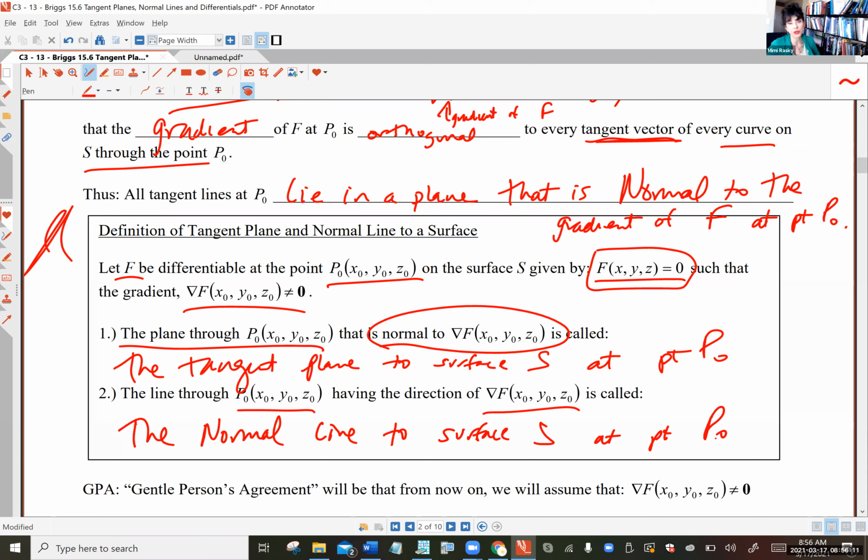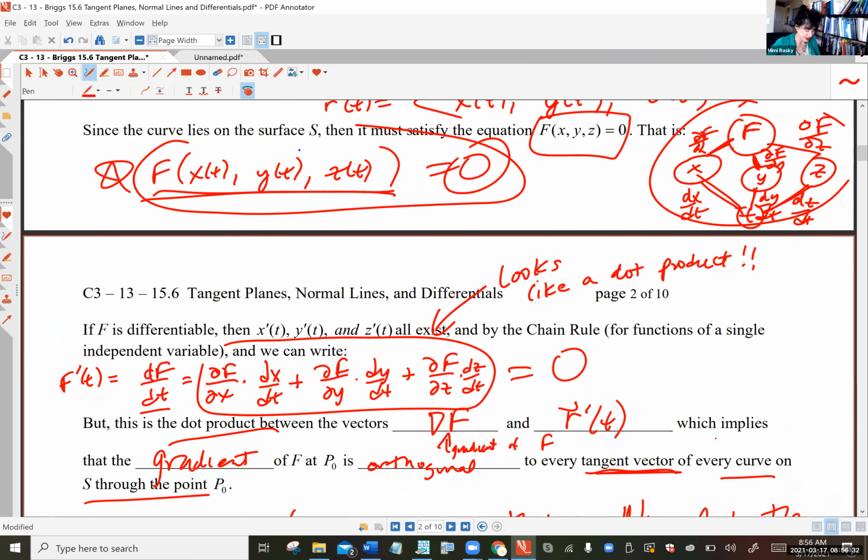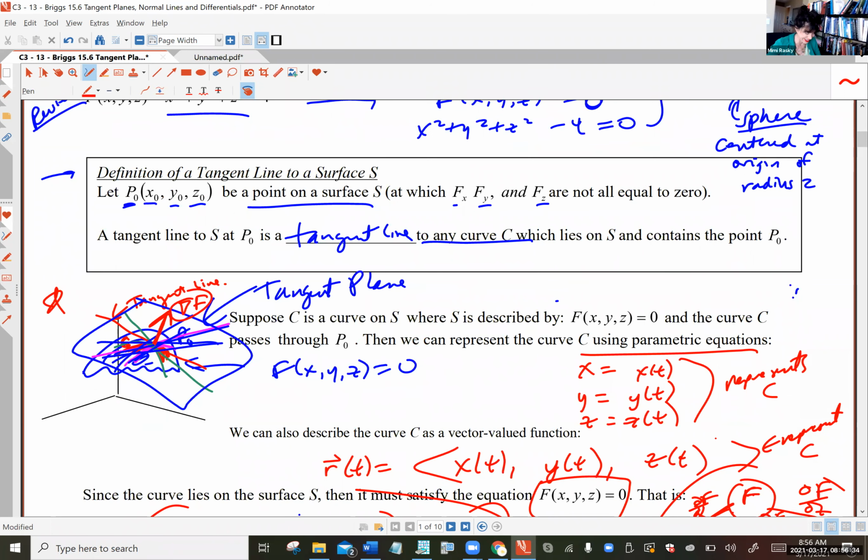I'll draw a picture of the normal line. First, write this down: the line through P naught and having the direction of the gradient is called the normal line to the surface at the point P naught. So where's the normal line? We weren't discussing lines. We were discussing tangent lines, but that's not the normal line. That's different. So if we go back to my little diagram here, that's kind of a mess right now.